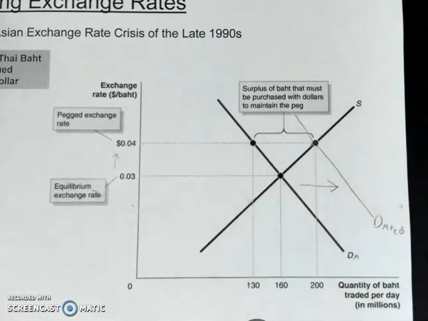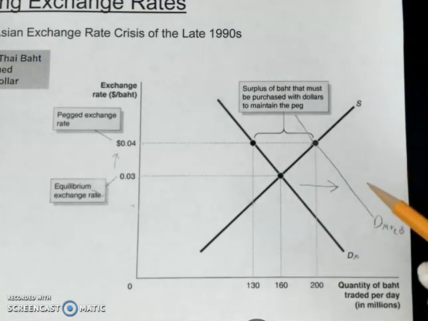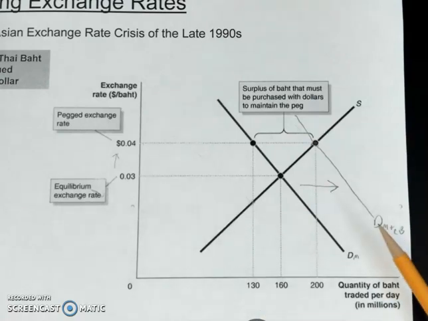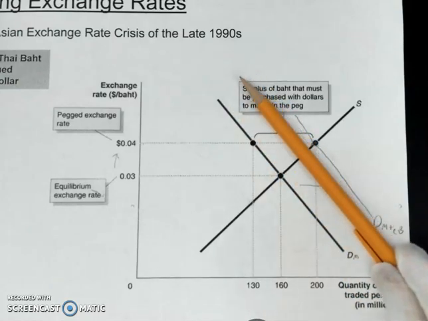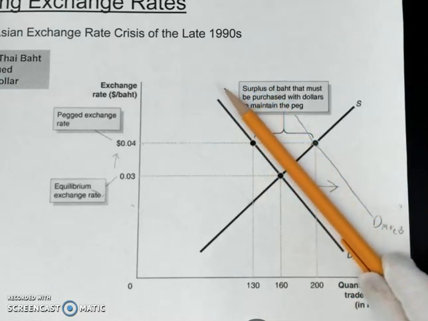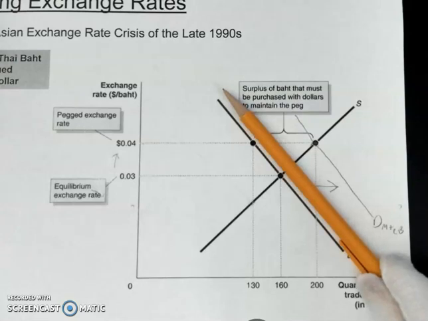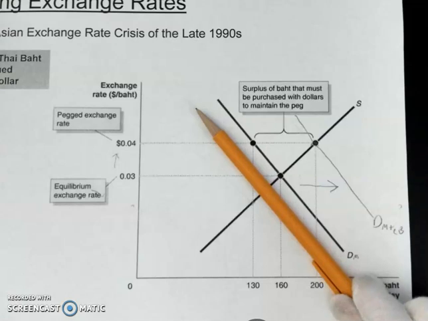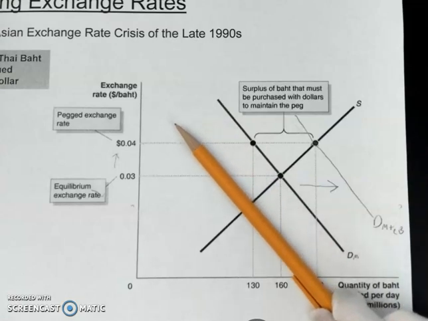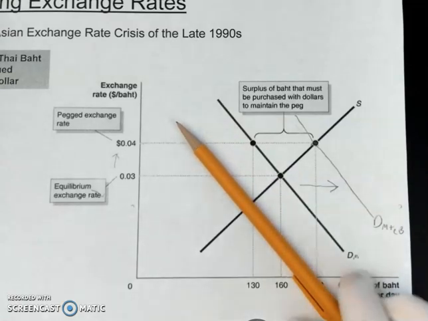So you will start to see currency speculators getting out of the baht at the same time the central bank is demanding less baht. So the demand curve starts to move to the left as the central bank is running out of dollars to buy baht, but then it continues to shift left as currency speculators get out of the rapidly depreciating currency.